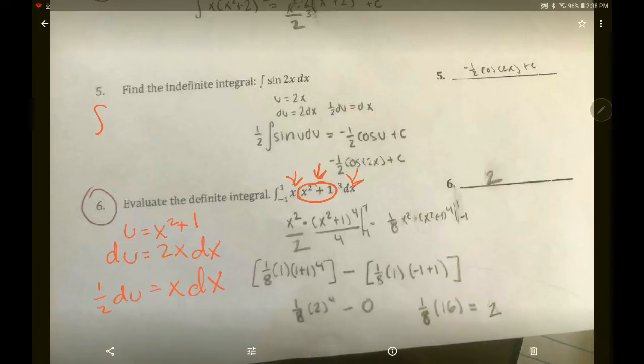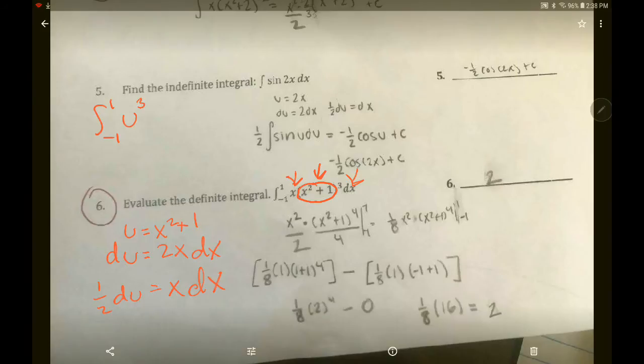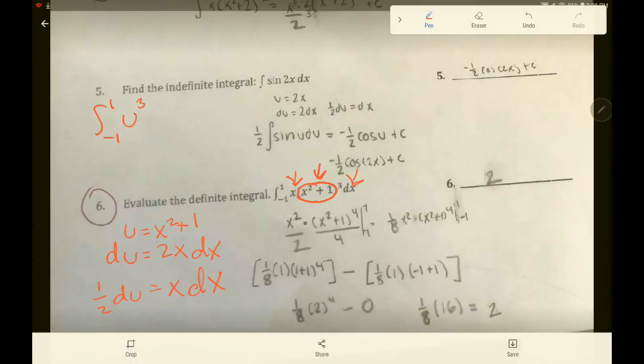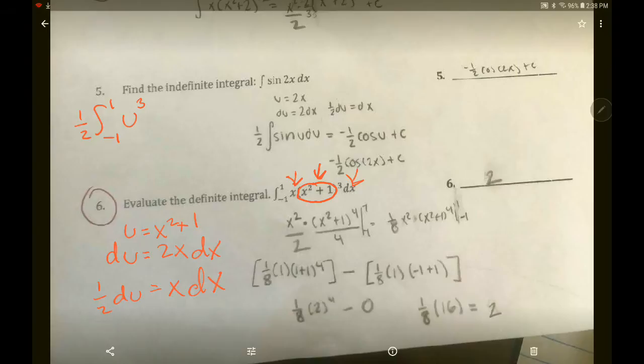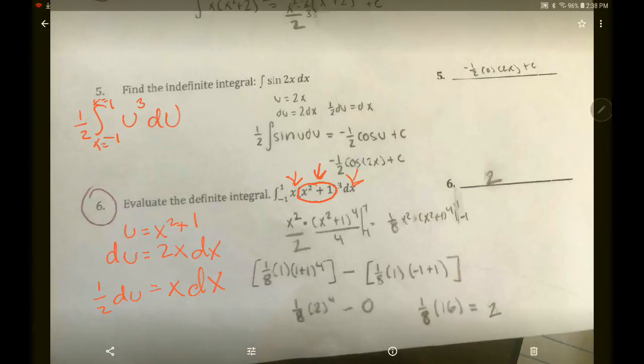We have the integral from -1 to 1 of x squared plus 1, which is u, so it's u to the third. And x dx is 1/2 du, so I'm going to put the 1/2 here and the du here. Now the limits are x equals -1 to x equals 1, not u.